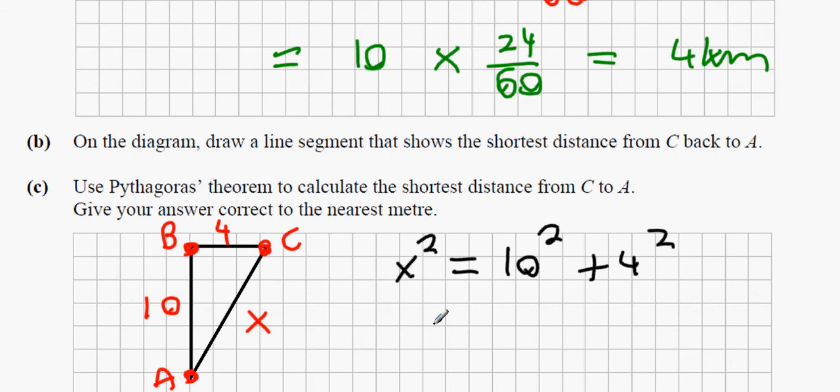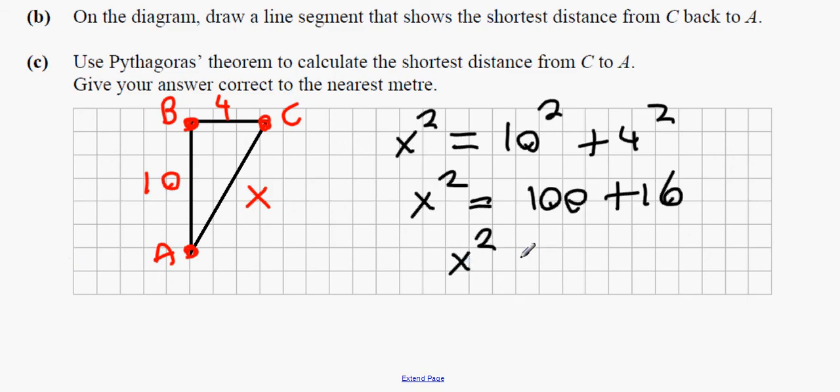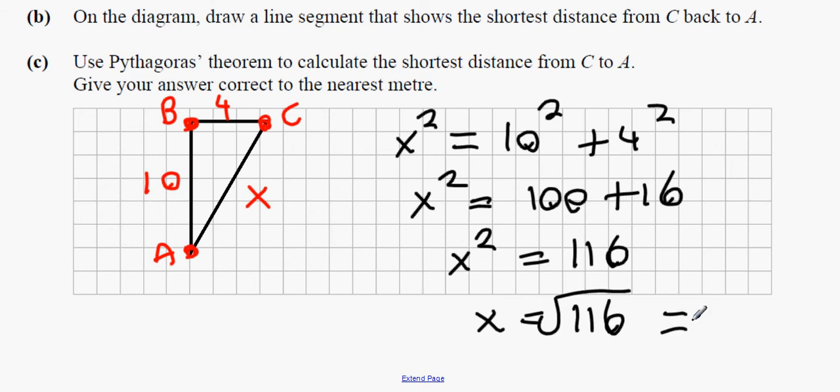So x squared is going to equal 100 plus 16. x squared is going to equal 116. x is now going to equal the square root of 116, because you have to think of what number multiplied by itself gives you 116. So root 116 gives 10.77, and to the nearest meter, we round up to 11 meters.